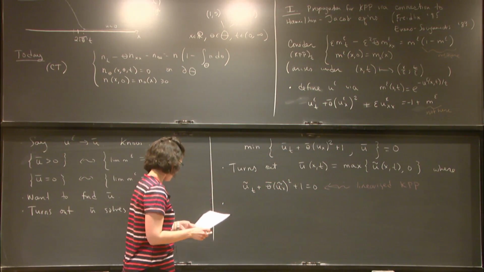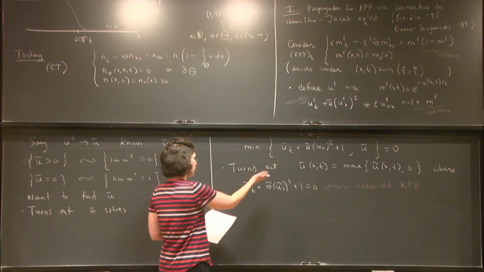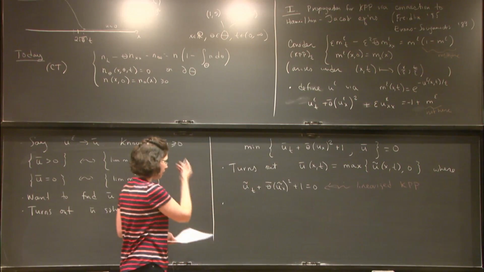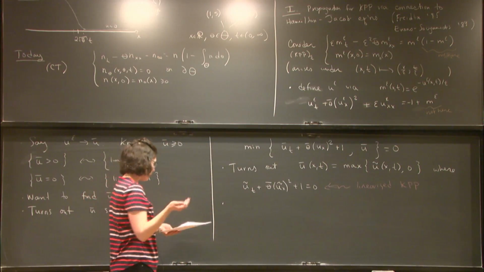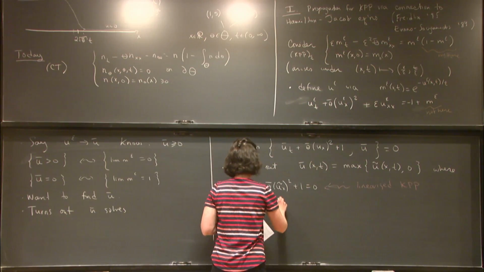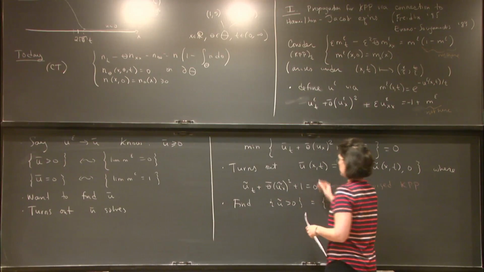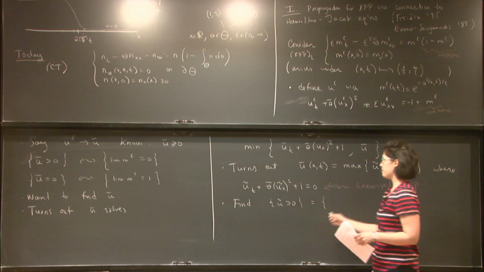Great. So I want to say that because this is quite a simple equation, you can find its zero set, or you find its positive set, and you have to keep track of the initial data.